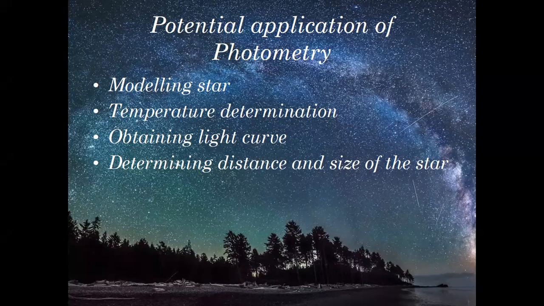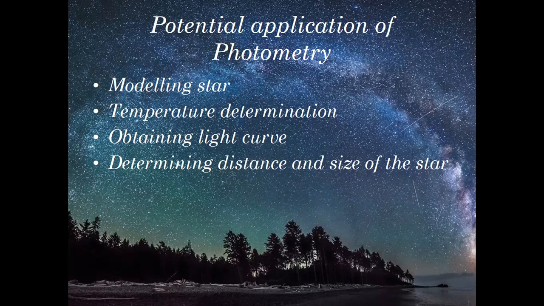Photometry is basically collection of power in the form of flux from various stars. When you collect power from various stars, that power is distributed among various wavelengths. So once you collect flux, you get flux distribution for various wavelengths, and using the flux variation you can model the energy spectrum, because flux is quite proportional to the energy that you receive.